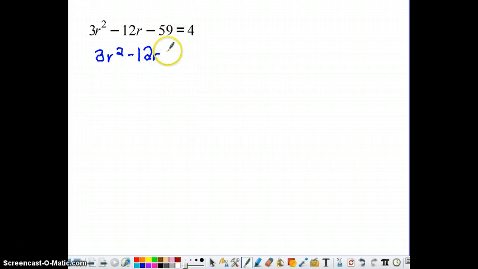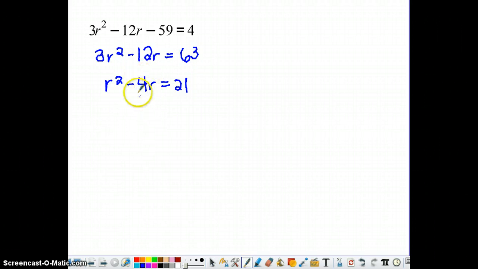I'm going to add 59 to both sides. So I have 63. Alright, and when I'm completing the square, I can't have a coefficient larger than 1 on the r squared. So I'm going to divide each of these 3 terms by 3. And so I have r squared minus 4r is equal to 21. Okay, now I'm good. I can complete the square.